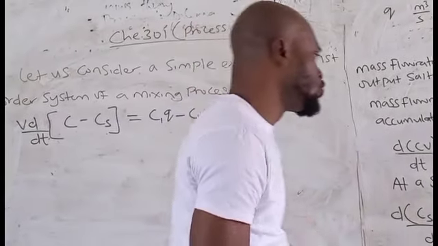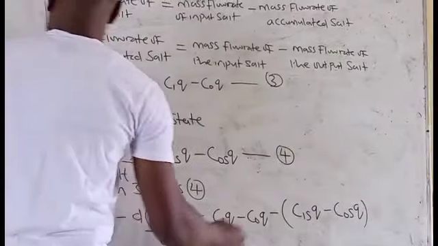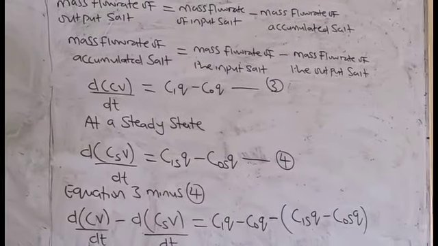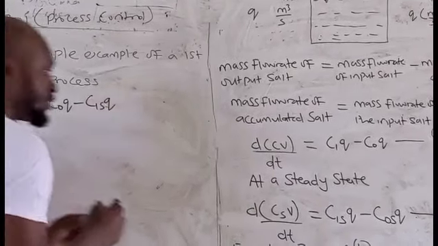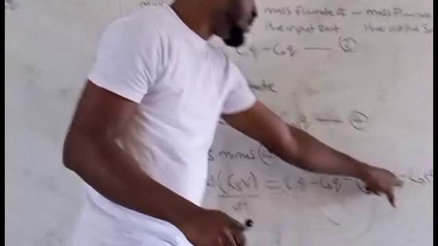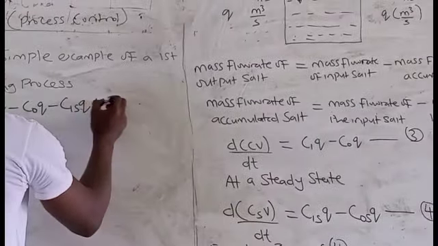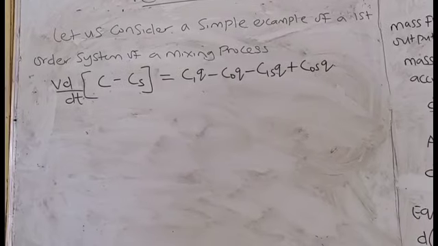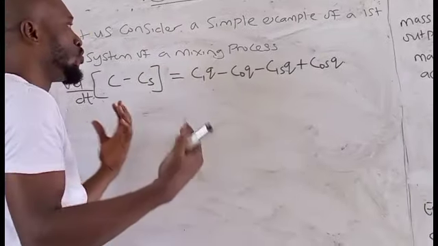Then we are going to open up this bracket. Use this minus sign to open this bracket. If you open it up, it will be minus times c1x Q, it will give you minus c1x Q. Then you have minus times this minus is plus, so times c0x Q will give you plus c0x Q. So this is what I'm going to get now. So at the end of the day, we add up the c1 terms together and the c0 terms together.